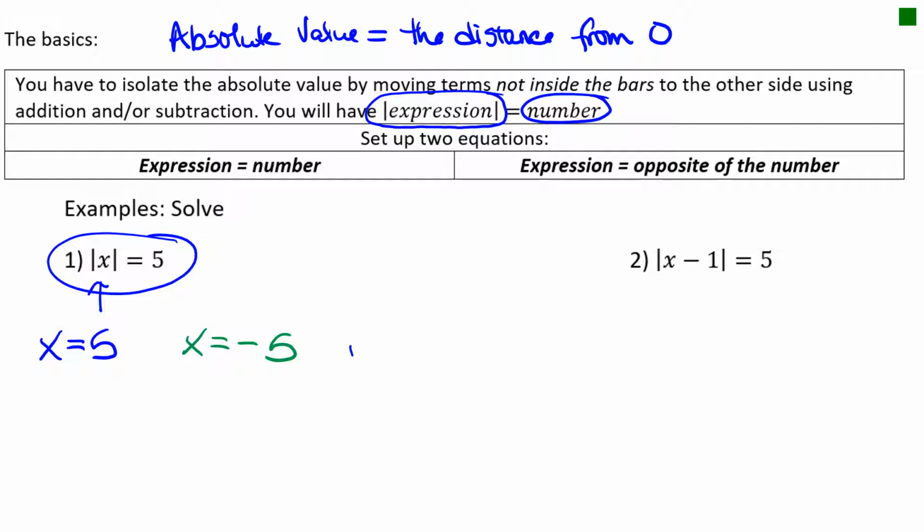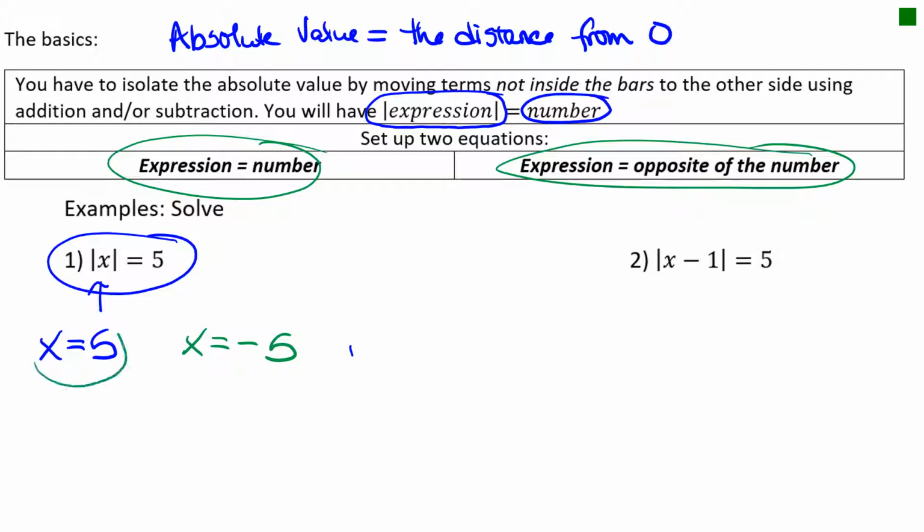So when you have the absolute value, you have to set it equal to the number and equal to the opposite of the number because of the positive and negative directions. So x could be 5 or x could be -5. Both of them are 5 steps away from 0.